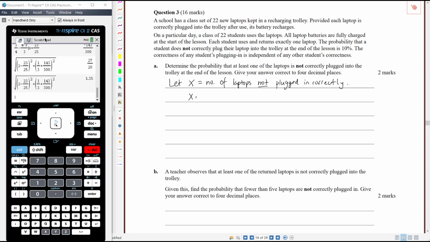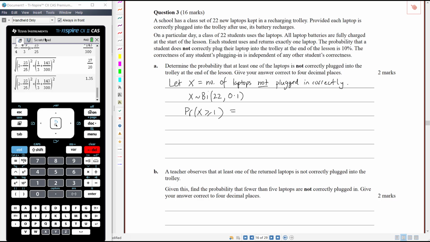And so X is a binomial variable here. There are 22 laptops, so n is 22, and the probability that any one laptop is not correctly plugged in is 10%, so 0.1. In part A, we want to determine the probability that at least one of the laptops is not correctly plugged in. So we want the probability that X is bigger than or equal to 1. The probability that the number of laptops not plugged in correctly is at least 1.